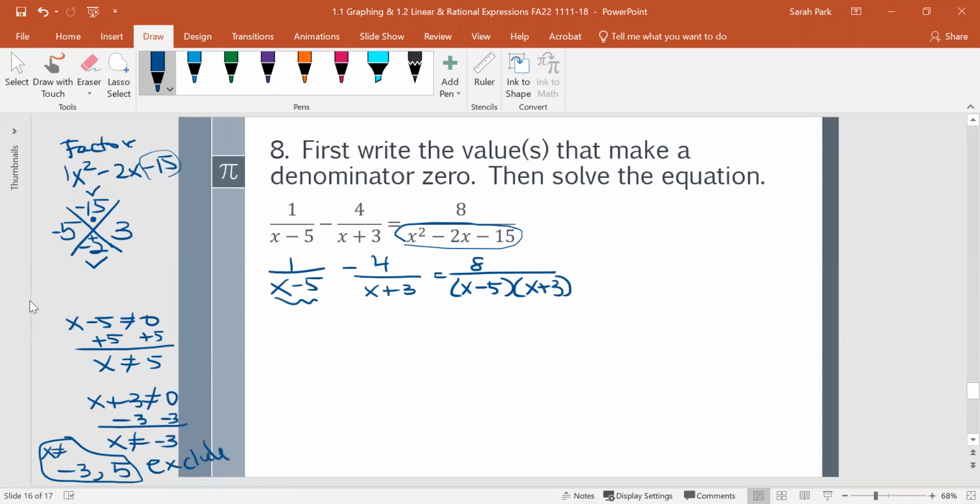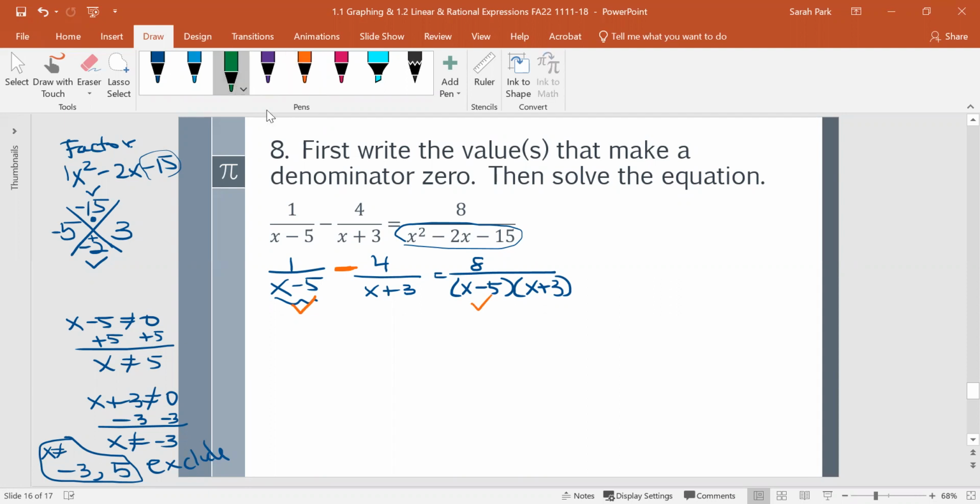All right, so now we need to solve the equation. When you work with subtracting fractions like this, what we're going to do is make sure they have a common denominator. You can see that the first fraction has x minus 5, but it's missing the x plus 3.